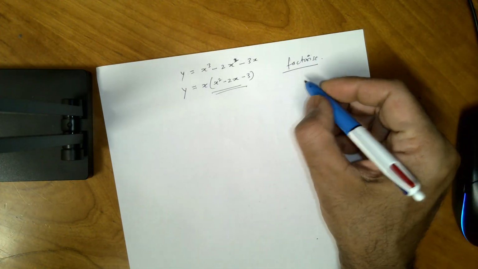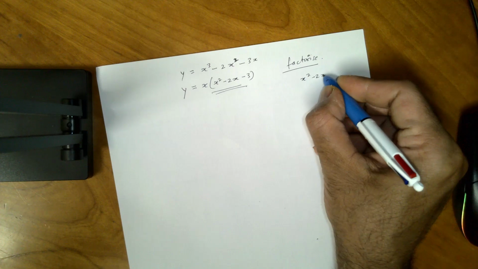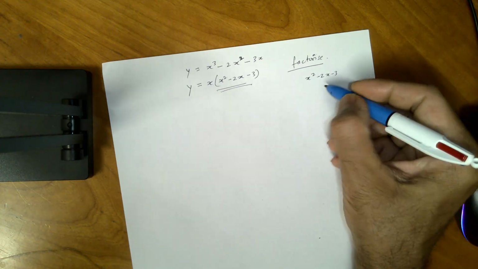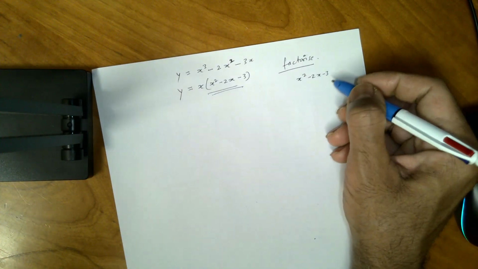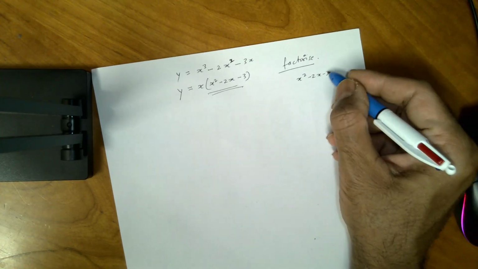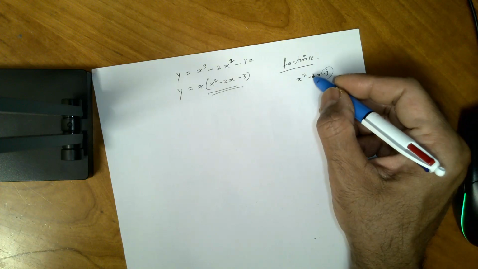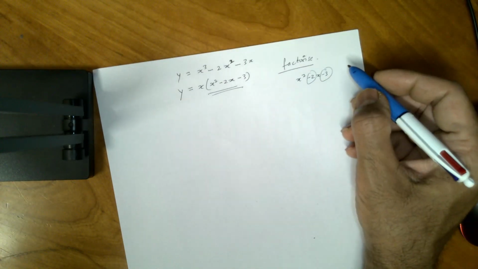As you know, the product of the two numbers should be minus 3, and when you add them, the sum should be minus 2.